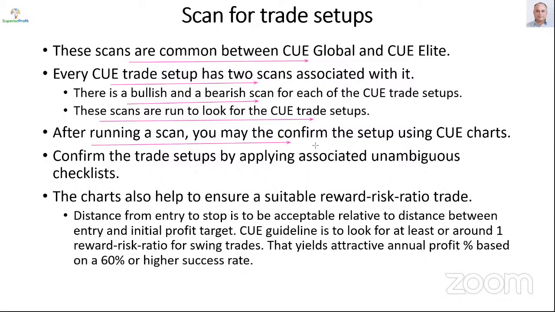After running a scan, you may confirm the setup using Q charts. What does it mean confirm? Confirm the trade setup by applying the associated unambiguous checklists. The scans do a fantastic job, but still you may check visually whether it is meeting all the checklist conditions.